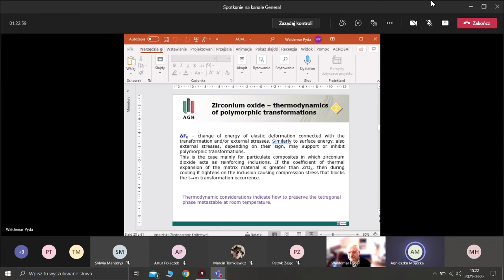Okay, and please take into consideration the change in density, maybe specific volume, of tetragonal and monoclinic structures during the transformation. Is there any change in the specific volume which accompanies the transformation?